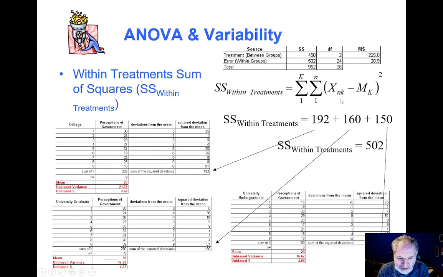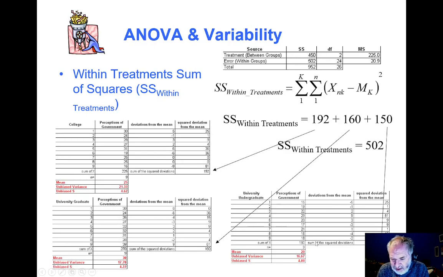I then click to the second group, which I'm calling here the university grad students. Their mean was 30. So I take each student's score on the scale, subtract it from the mean for that group that they're a member of, which in this case is 30. So 30 minus 30 for the first person is 0. 0 squared is 0. Then for the final group, which is the university undergrad, I take each person's score and subtract from it the mean for that group, in this case K3.